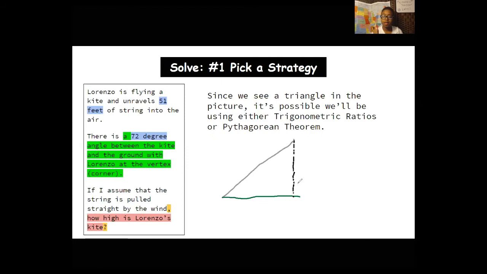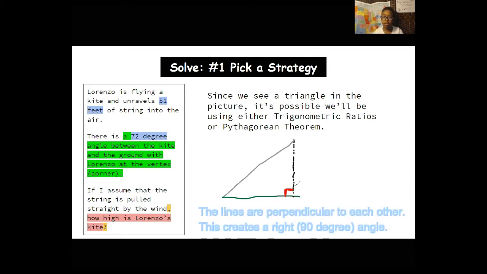When a line is being shot straight down to a flat line like this, that means that it is creating a right angle. And the right angle is right here at this corner, okay? So this right angle was created because we're looking at the kite and we're dropping a line straight down to the ground. And since that's the case, that makes this triangle a right triangle.